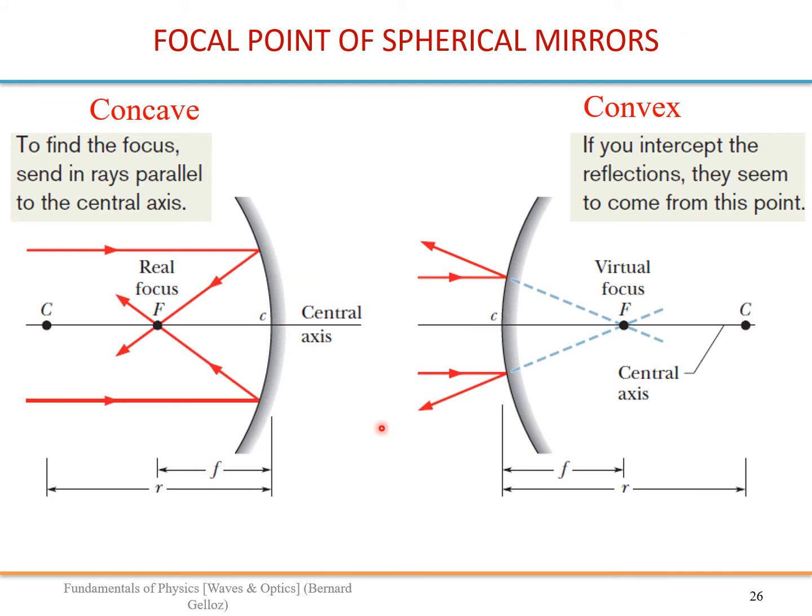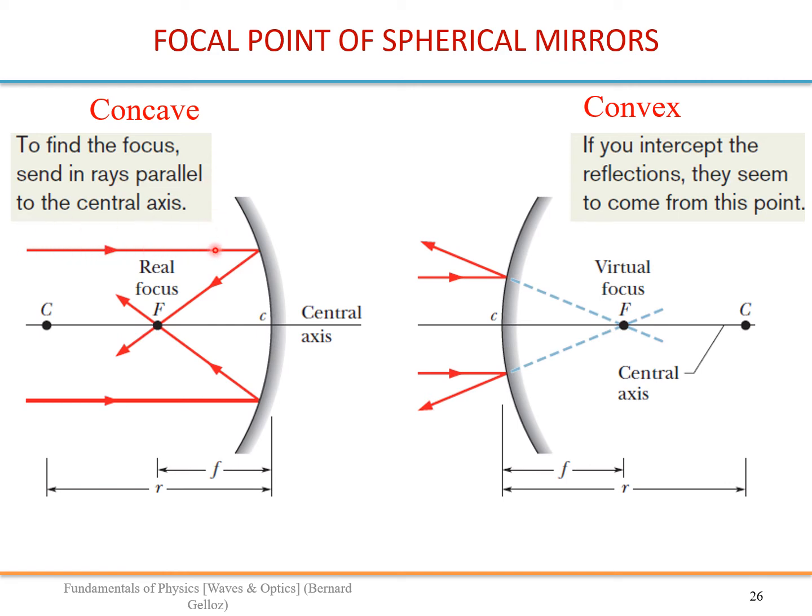So let's find out where these focal points are for different types of spherical mirrors and how to find them. This is a case of a concave mirror. To find the focus point, we send rays parallel to the central axis.